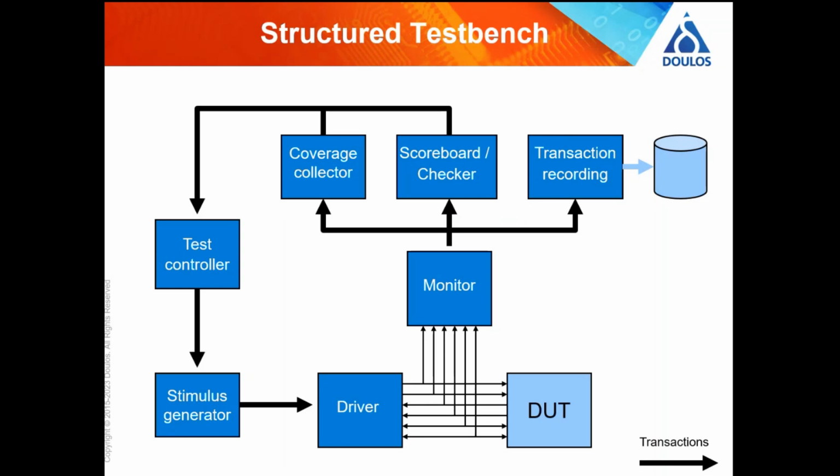What it's doing is generating a stream of transactions, which may or may not be random, and they are represented in whatever language you're using to encode your test bench as some abstract software-y construct. So if you were using VHDL, you might use record types. If you were using SystemVerilog, you might use structs.